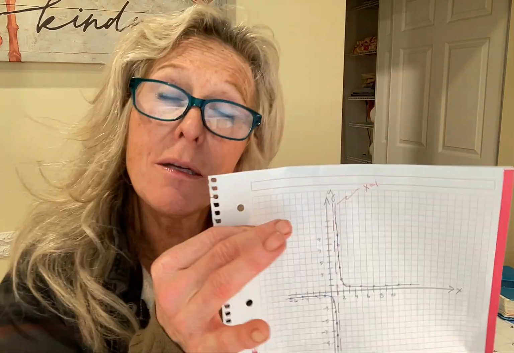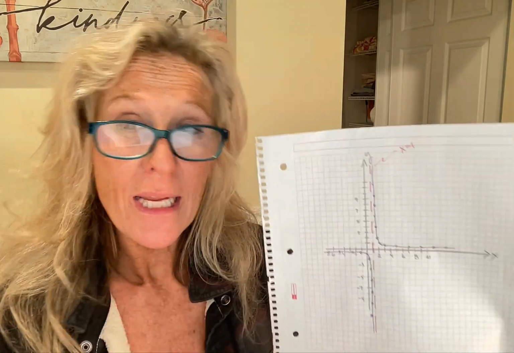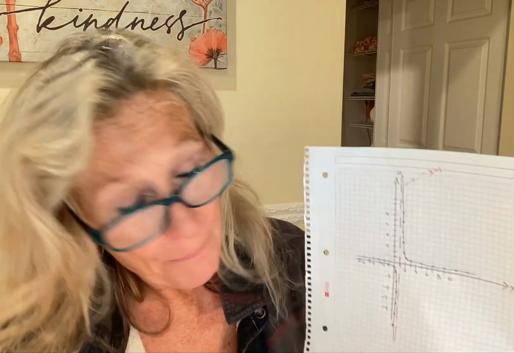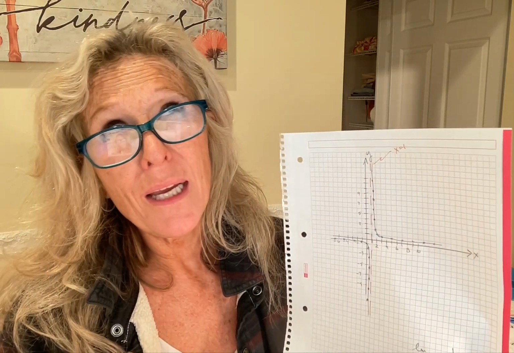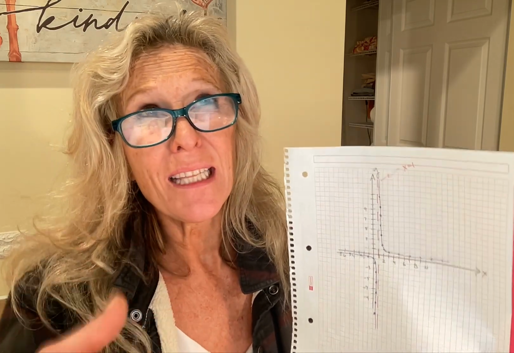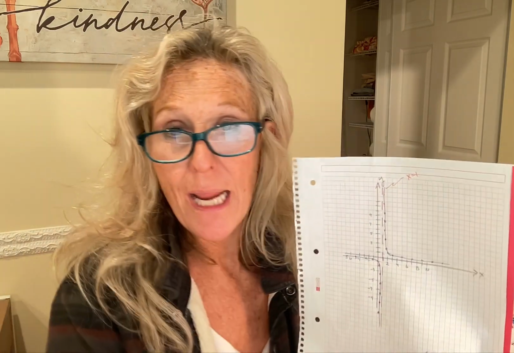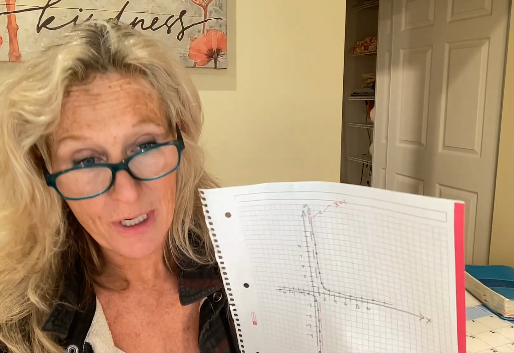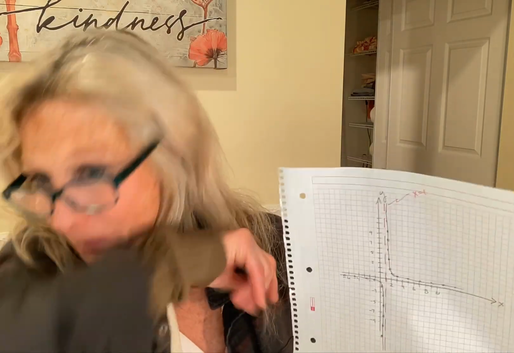Consequently, the function becomes infinitely large, but it becomes infinitely large in the negative direction and infinitely large in the positive direction. Subsequently, again, there is no limit.